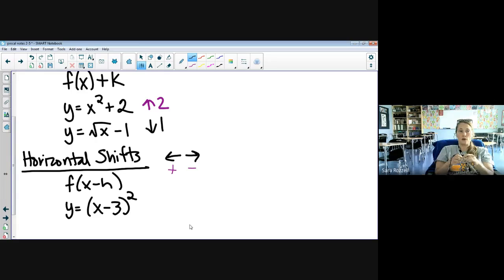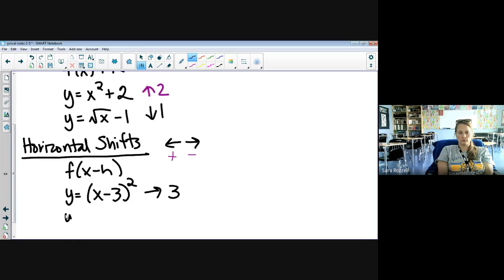Right. It's going to the right, and it's going to the right 3. So this one, because it was a minus sign and inside the parentheses, we are going right 3. All right, so write down on your paper really quickly which way this moves.